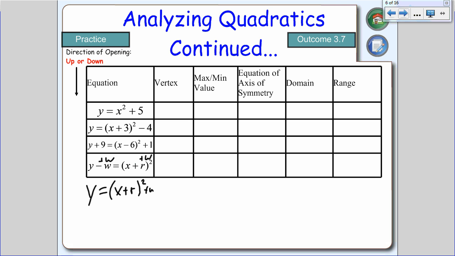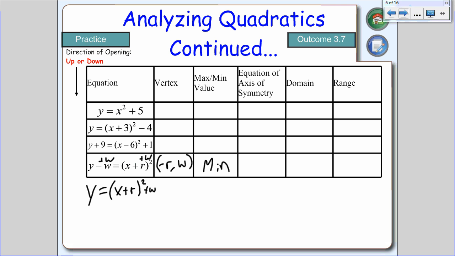Where's your vertex going to be for this equation? R and W. It's a negative r and a positive w, because remember, your p value switches, but your q value doesn't. Are we going to have a maximum or a minimum? I'm going to have a minimum because there's no a value that's negative.